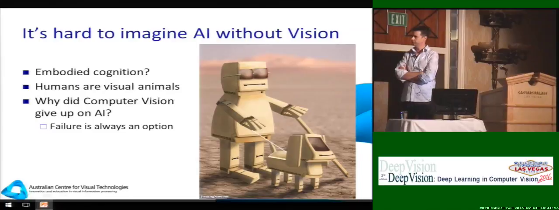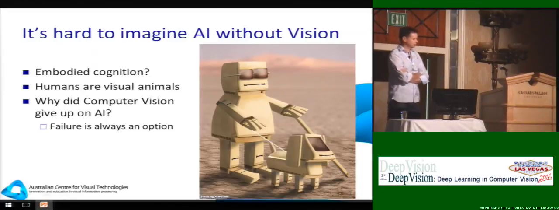So why did computer vision give up on AI? I think, and part of the hypothesis of this talk is, that we tend to overcorrect. We get too enthusiastic about things, take our eyes off the main prize, possibly overfitting is one way that it's been put, and then we overreact as a result.